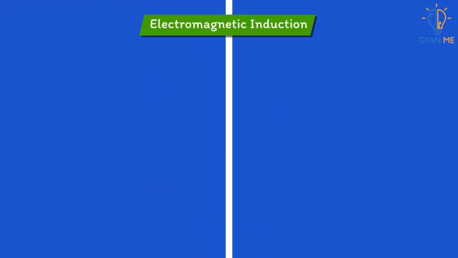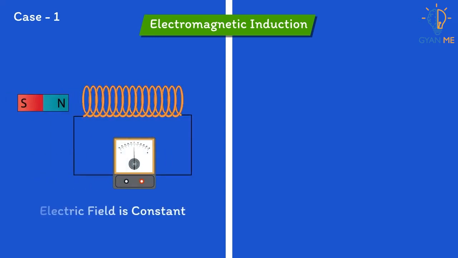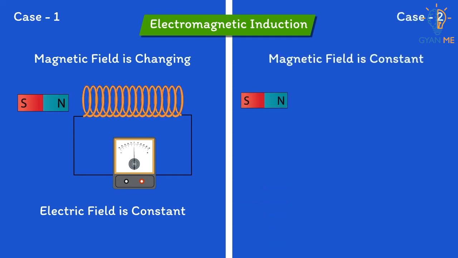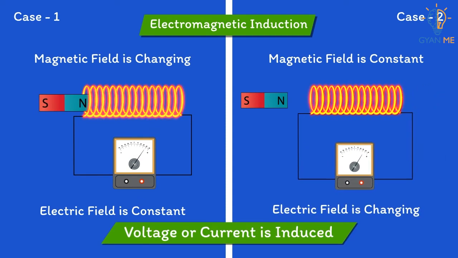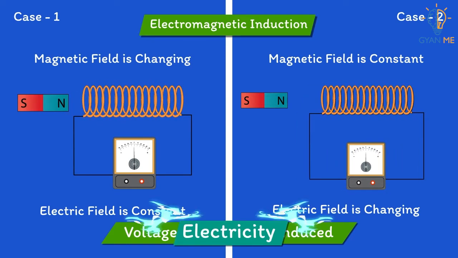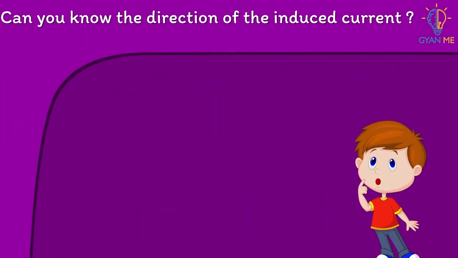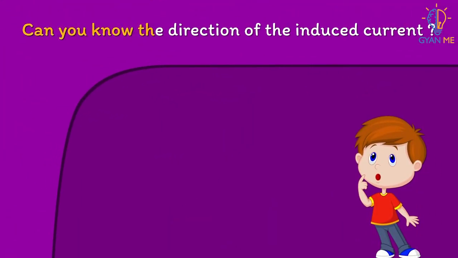Thus, electromagnetic induction or induction is a process in which a conductor is kept stationary and the magnetic field is varied, or the magnet is kept stationary and the electric field is varied. This produces a voltage or a potential difference across the electrical conductor and results in the production of electric current, that is electricity.